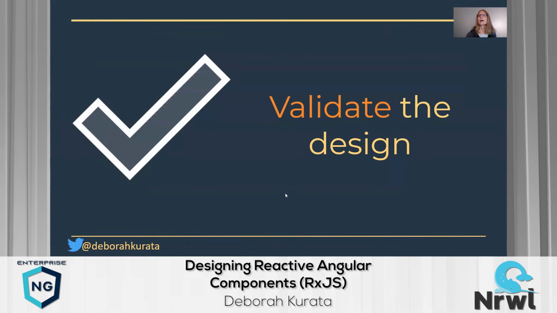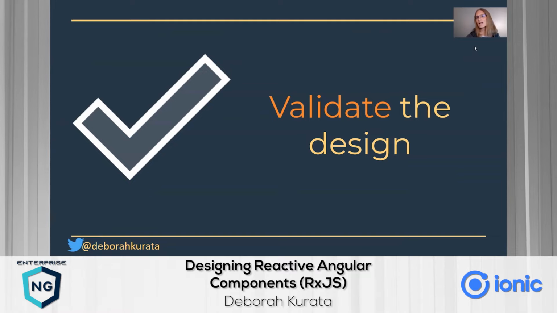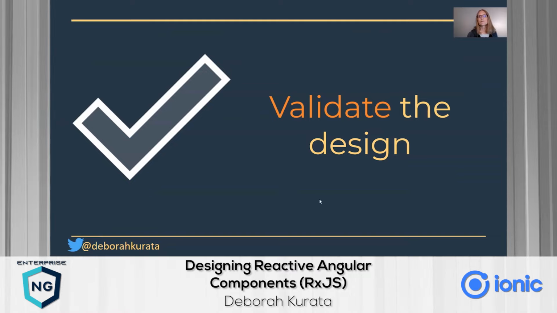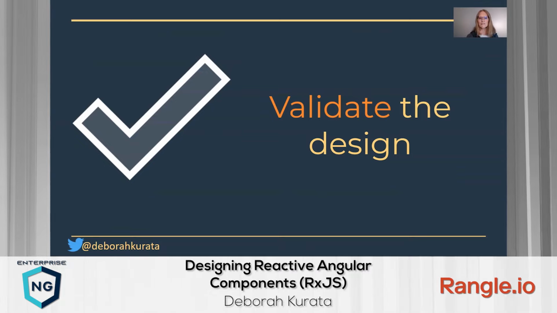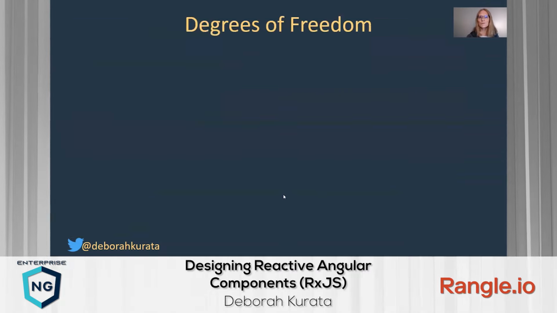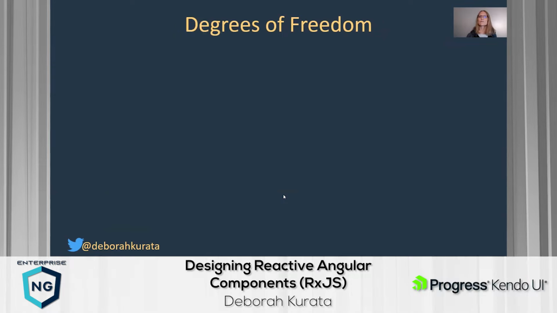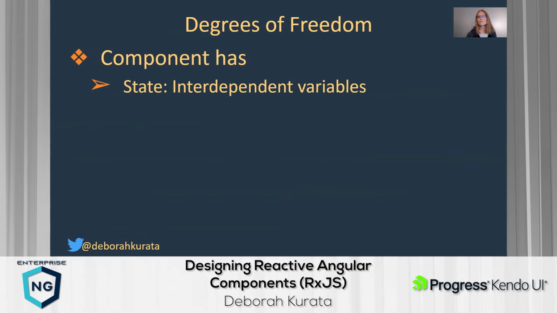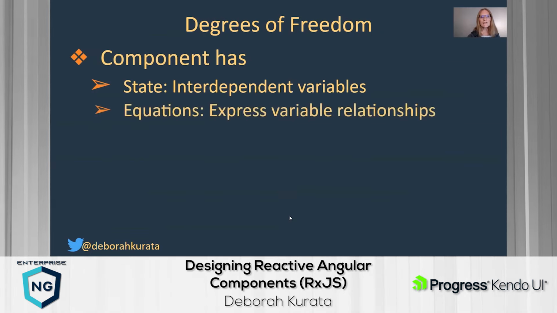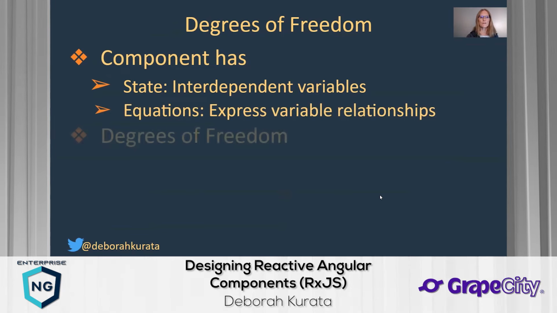Lastly, we're going to look at how to validate the design. This isn't something that every company needs to do, but some companies are interested in having a validation step. So one way that you could do that when you're dealing with reactivity is looking at degrees of freedom. A component has state, which is its variables, and it has equations, which express those variable relationships.